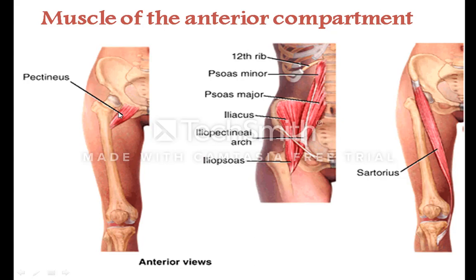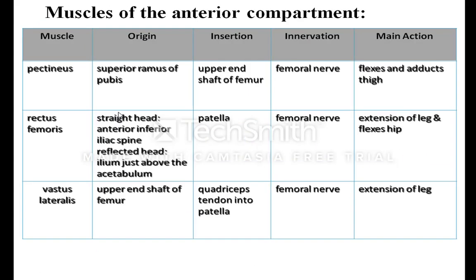This small pectineus muscle here originates from the superior ramus of the pubis. It's inserted into the upper end of the shaft of the femur and innervated by the femoral nerve. It's flexing and abducting the thigh.